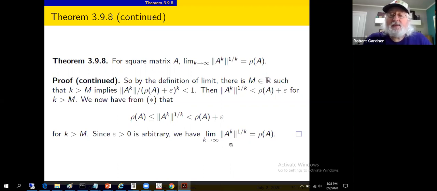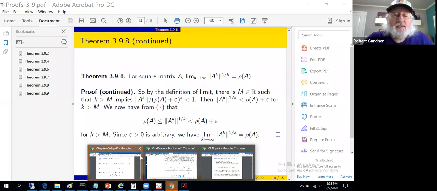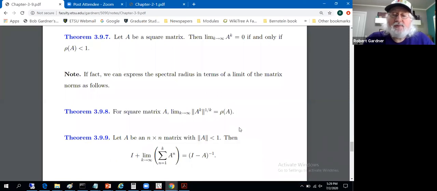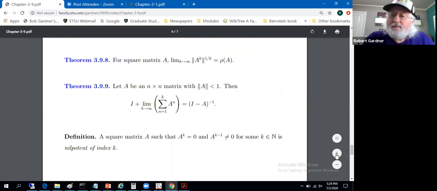So we get the limit of the norm of A to the k, to the 1 over k, equal to the spectral radius. There's the spectral radius expressed in terms of limits of norms of powers of the matrix, for what it's worth.